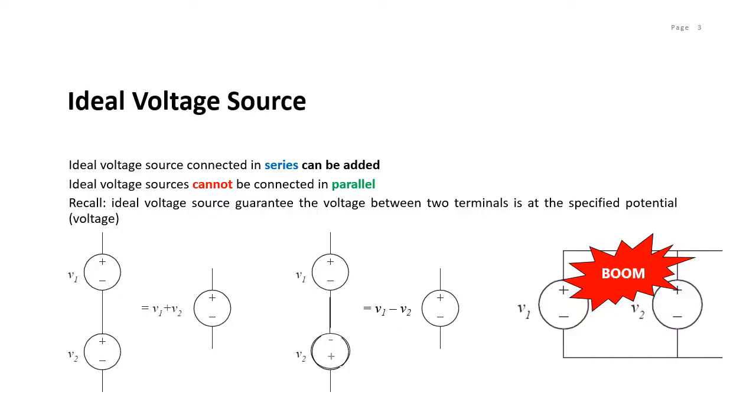So let's go into ideal voltage sources. Ideal voltage sources connected in series can be added, and ideal voltage sources cannot be connected in parallel. Remember that an ideal voltage source will guarantee the voltage between two terminals at the specified potential.